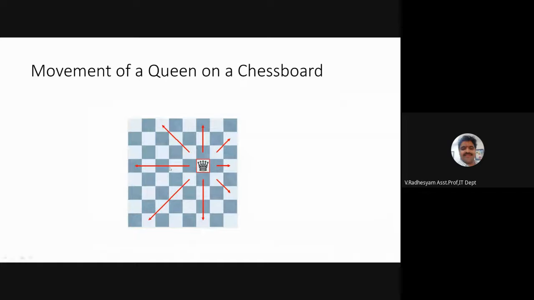In the places where the red color is marked, you are not supposed to place any other queen. That is the constraint or condition, such that you need to place all the queens on the chessboard. That is the target for us.